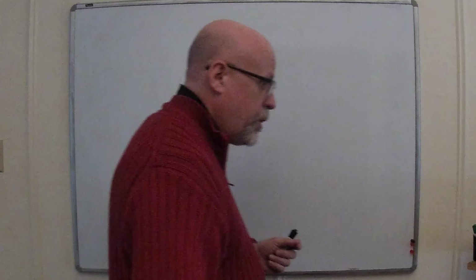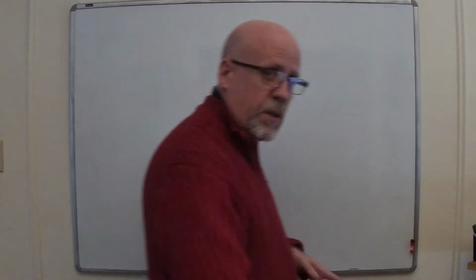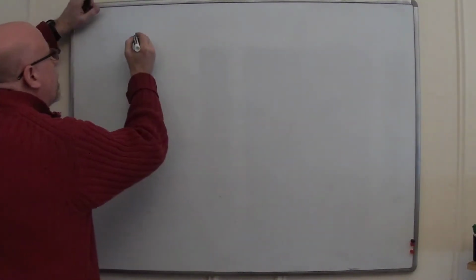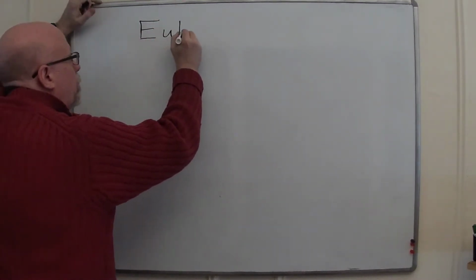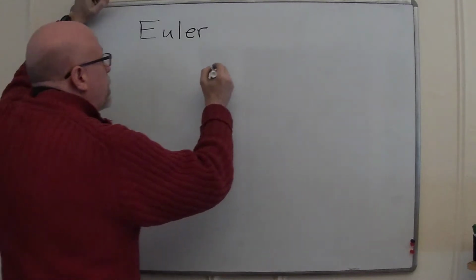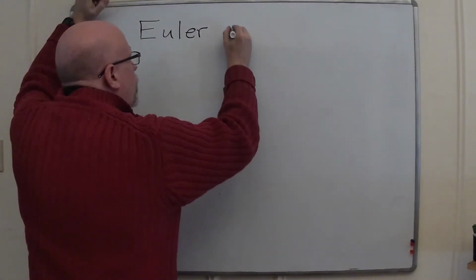First I should mention, I feel like the book misses something here, that the name of that notation actually honors Leonhard Euler, who was a very famous Swiss mathematician. So it's actually known as Euler notation.